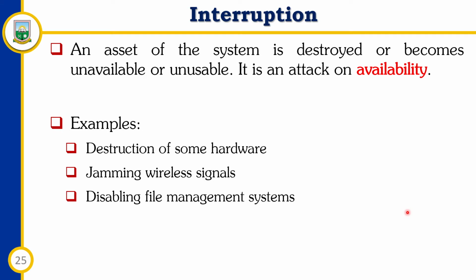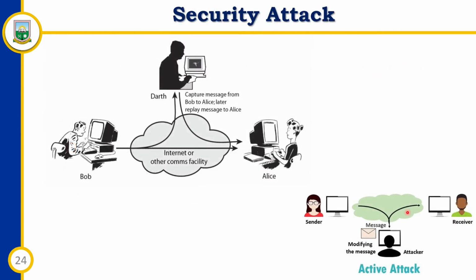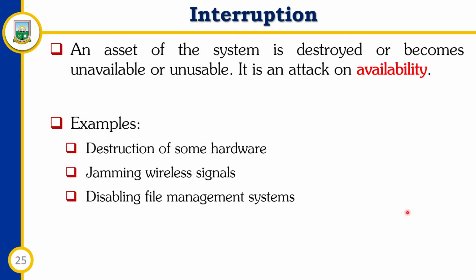Now, an example of the security attack, let's talk about the first one, which is the interruption. So when we talk of interruption, it's when any asset of the system is destroyed or becomes unavailable or unusable. It is an attack on availability.